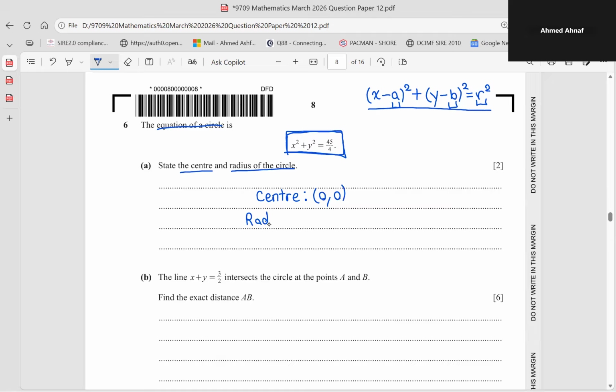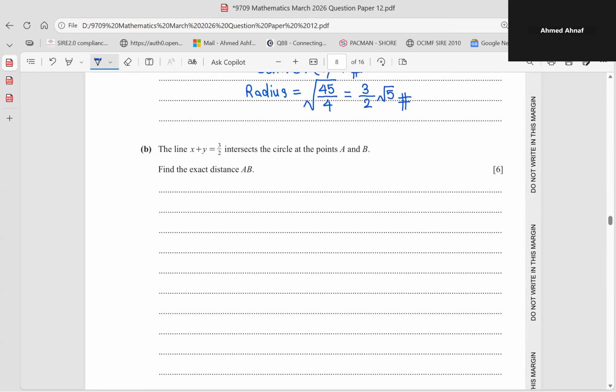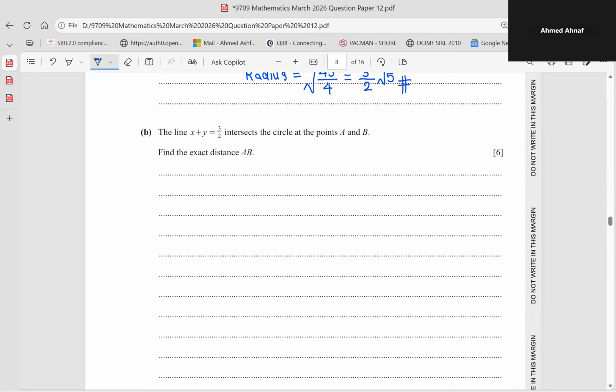And for the radius, that's given right here on the right-hand side, r squared. So r squared is 45 over 4. To find the radius, you just take the square root of that, and you would get 3 over 2 square root 5. So these would be our final answers for this first part. Let's move on to the next part.